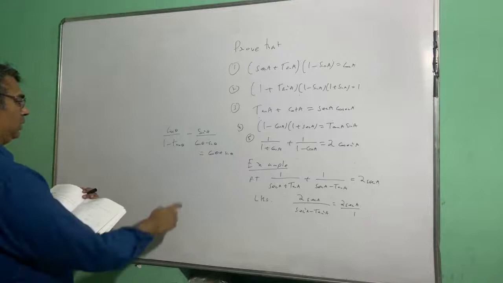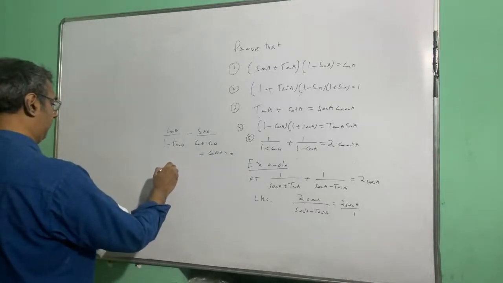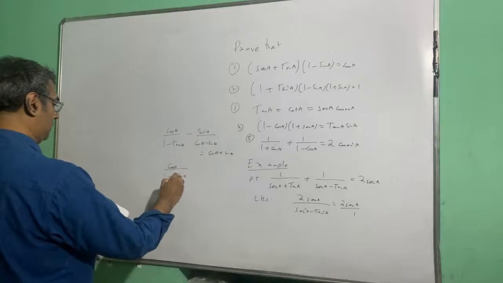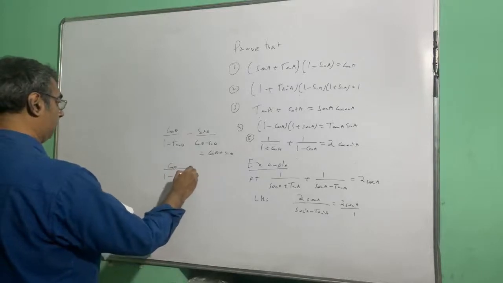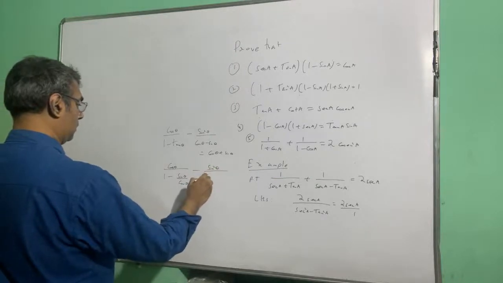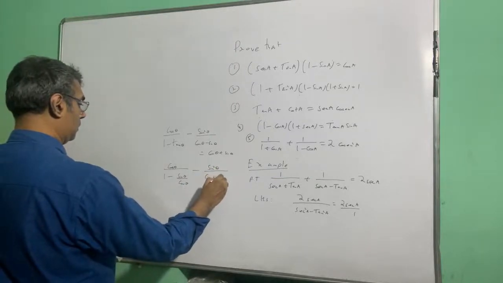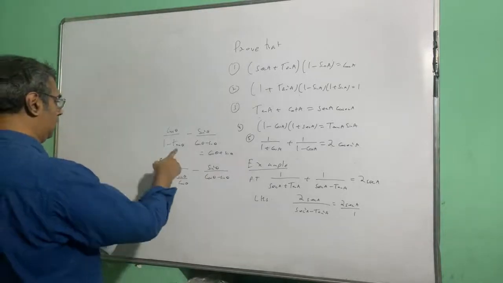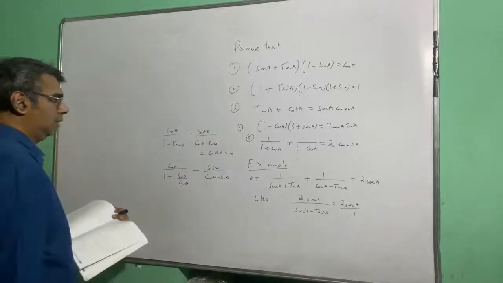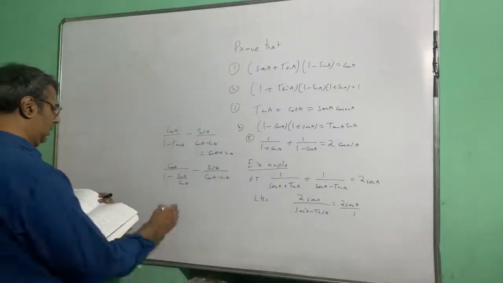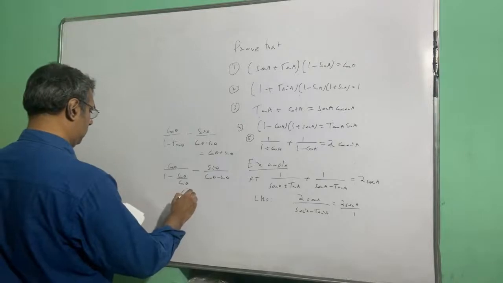So what you do is, the left hand side, you take it up, you convert tan to sin by cos. So you know that tan can be written as sin by cos. So you convert tan to sin by cos, then you LCM the whole thing.